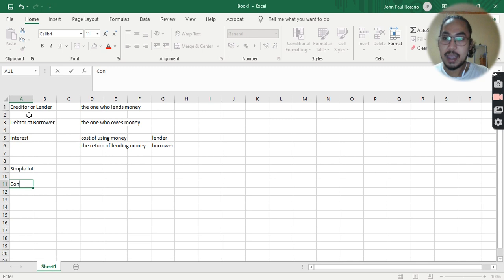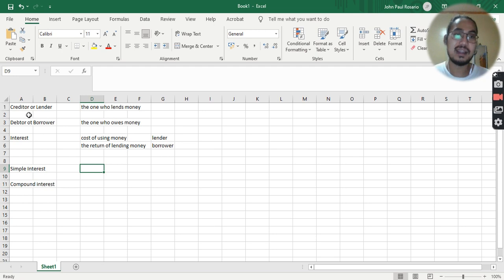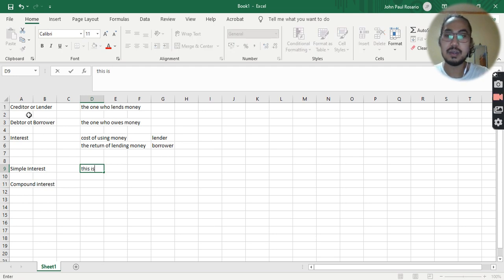When we say simple interest, this is computed only once, during the period when money is borrowed.